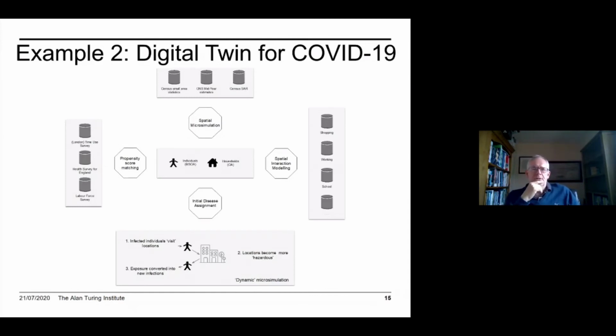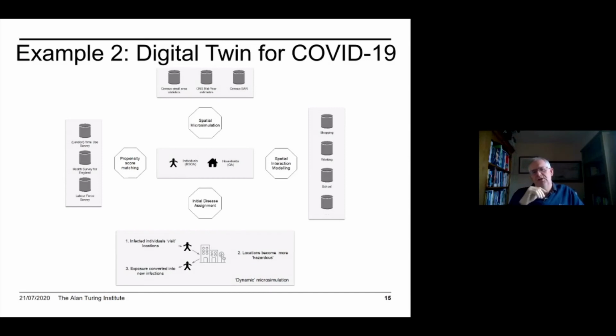So in this application of digital twin, again, we have the microsimulation conceptually at the top of my slide here. On the left-hand side, I'm saying propensity score matching. I actually need to bring in some different kinds of attributes to my microsimulation to cope with the fact that I want to look at this very specific disease going through the population.